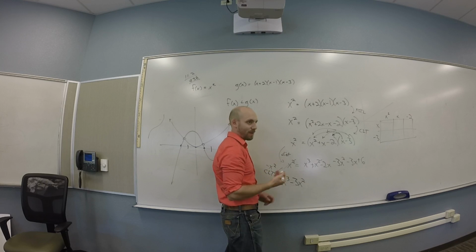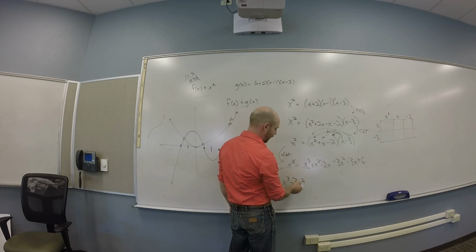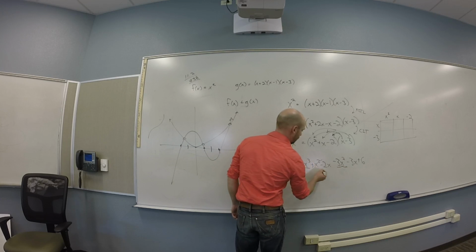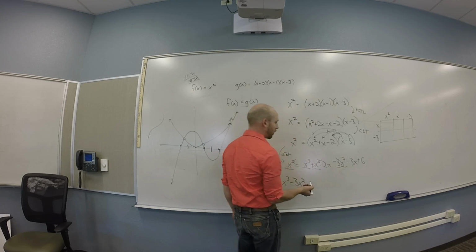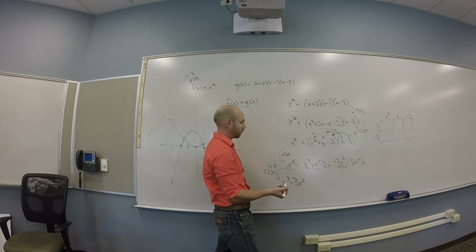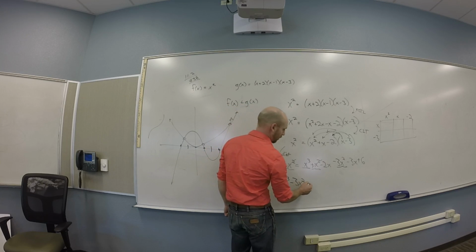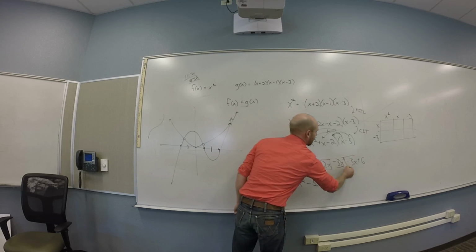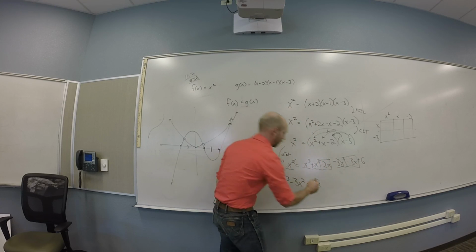I would recommend that you check things off as you go. So these are all the x squareds, all the x cubes, and then there's minus 5x, and those came from this and that, and then plus 6.